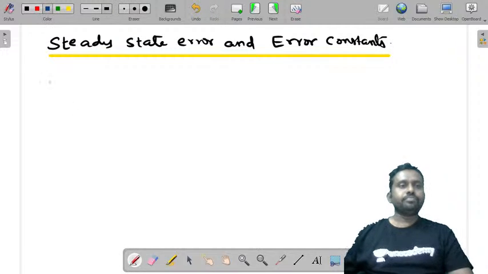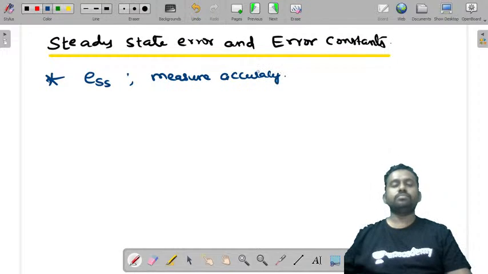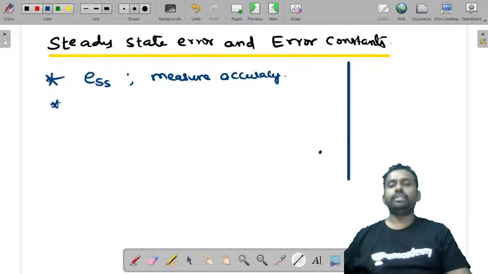So steady state error is denoted by ESS, and it measures the accuracy of the system. If you consider a response of the system, let us consider a small underdamped response so that that will be very easy for you.